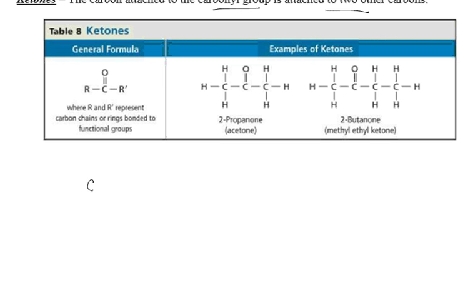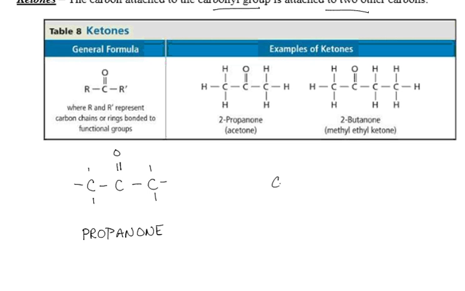So since that is true, the smallest member of the group has to have 3 carbons because the oxygen cannot be on the end. This is propane. To name a ketone, we drop the E and add none. So this is propanone.